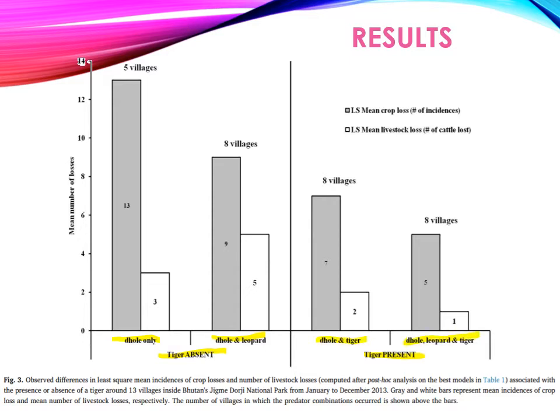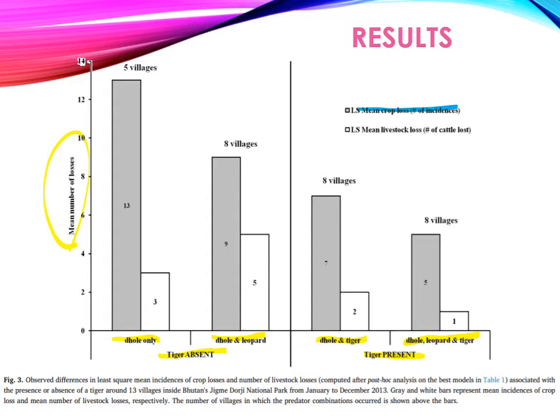And then this is livestock loss. So the bars are showing you the livestock loss. So that was the number of incidents is the gray line. And then this is the incidence here, which is crop loss.